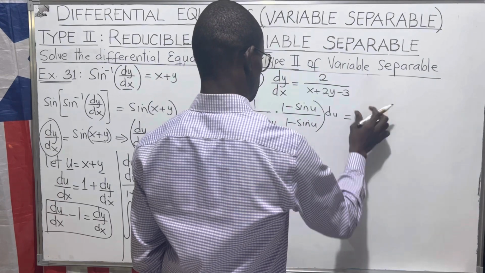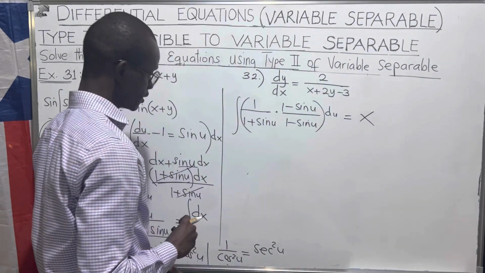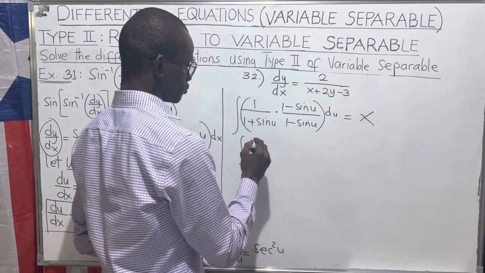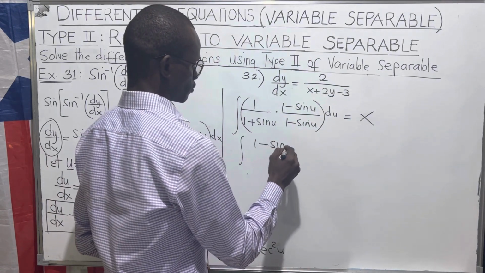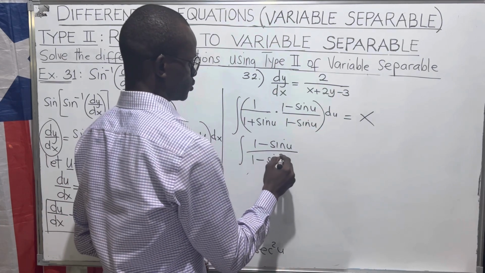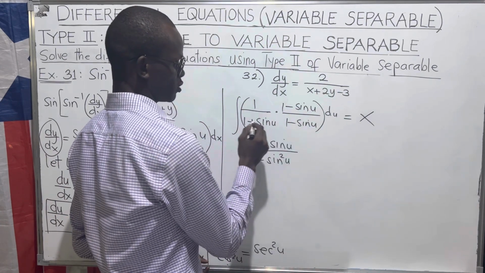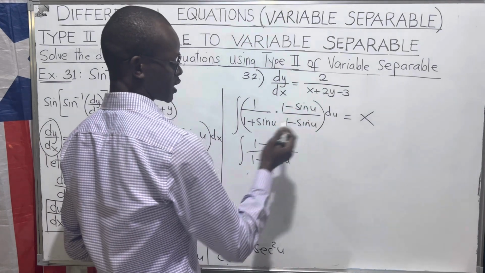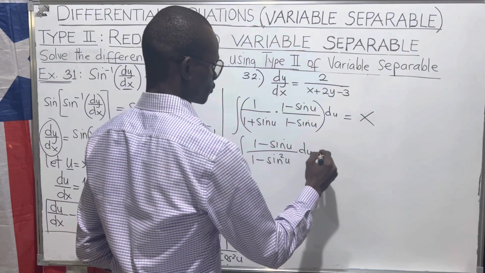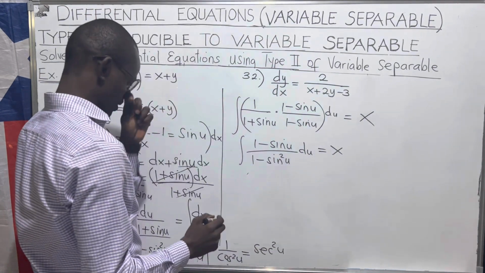The integral of dx is just x. Now you multiply this and this: 1 times 1, 1 times sine, sine times 1, sine times sine. It gives you 1 minus sine square u du equals x.